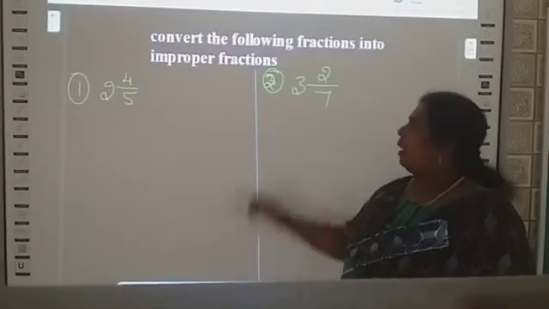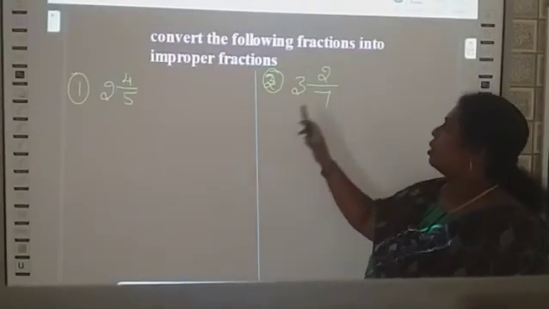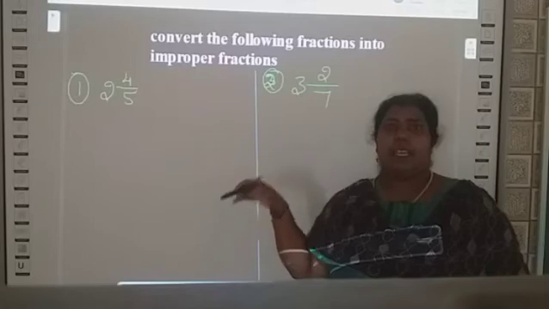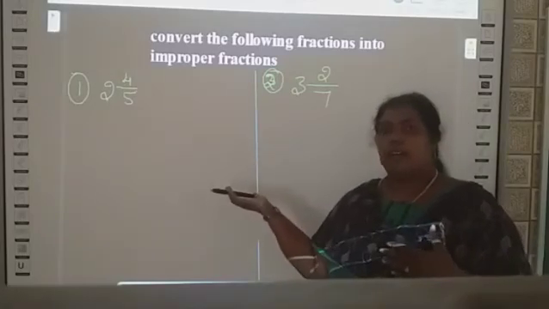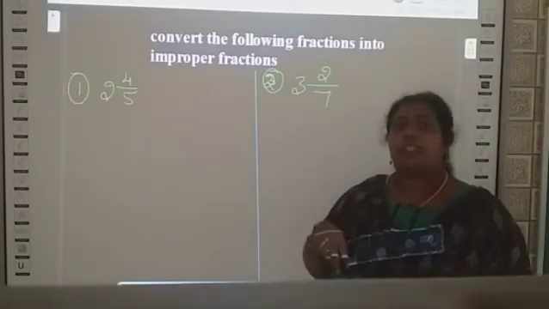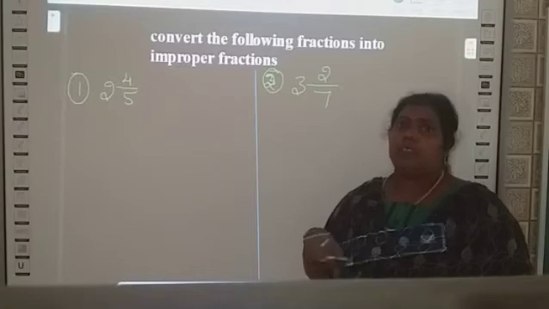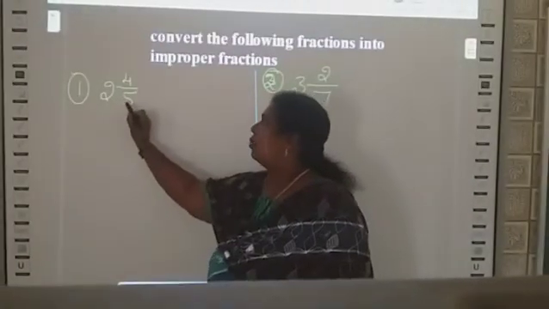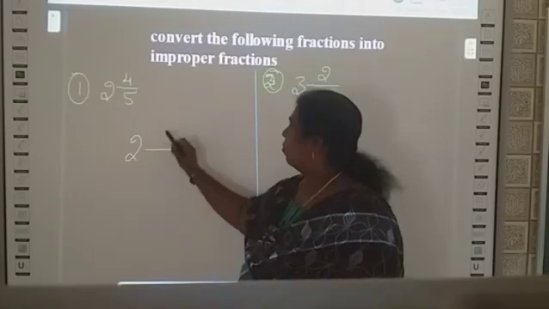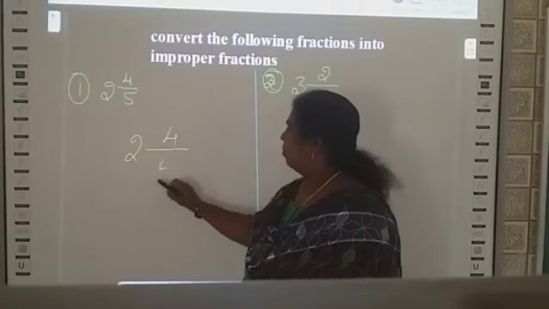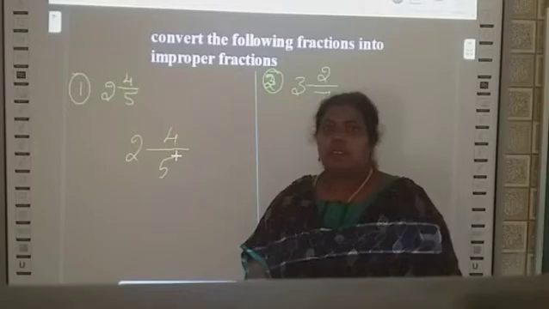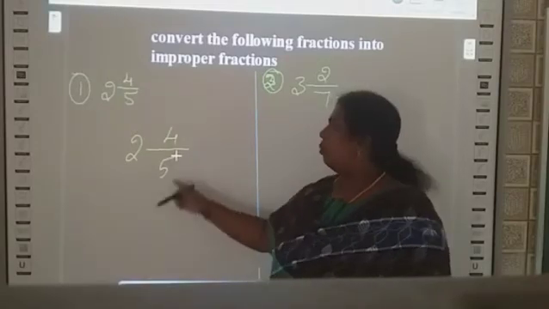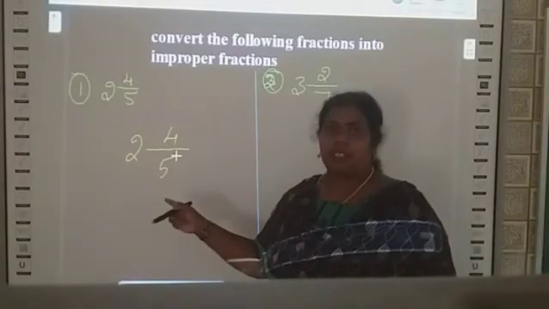See the next one. Next one is convert the following fraction into improper fraction. Here that is the mixed fraction, right? You are going to convert it into an improper fraction. How can we convert? Just multiply these two numbers. See here, 2 and 4 by 5. This is the mixed fraction, right?